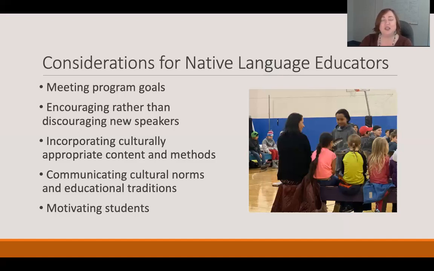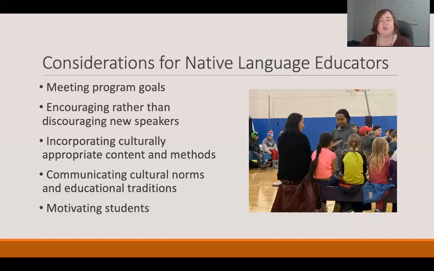That displaced the command, so she wasn't telling an elder to do something. She was telling the puppet to do something, and that worked really well for that teacher in that context. So thinking about which methods are most appropriate to your community and which ones support your goals is really important.